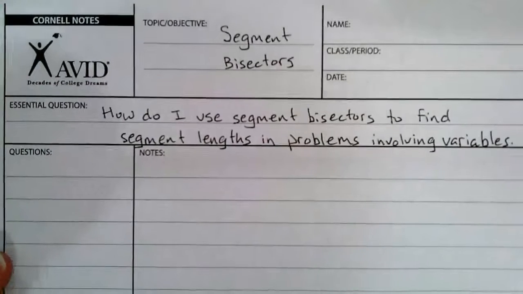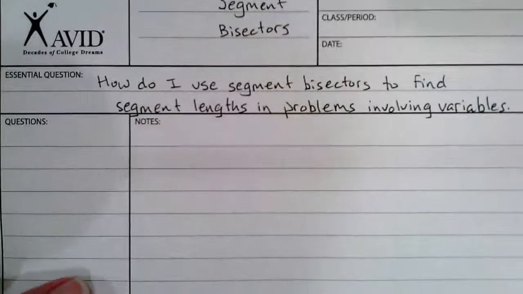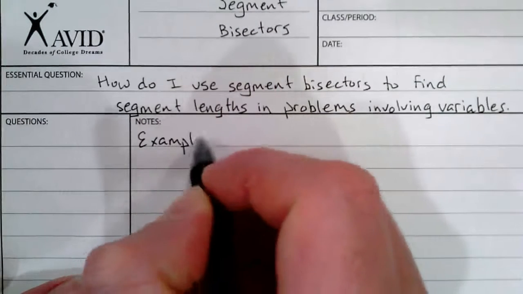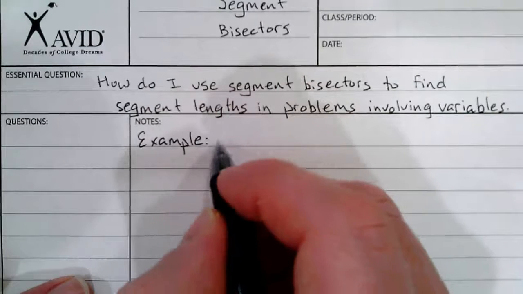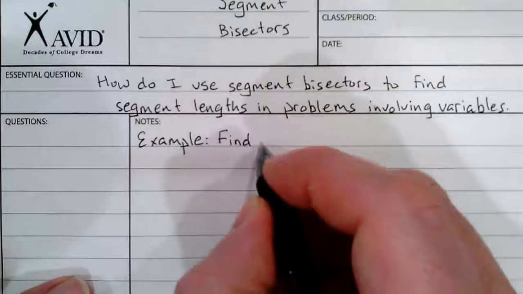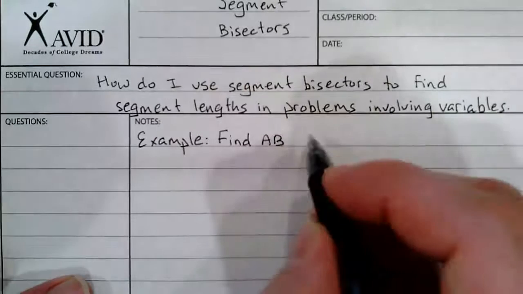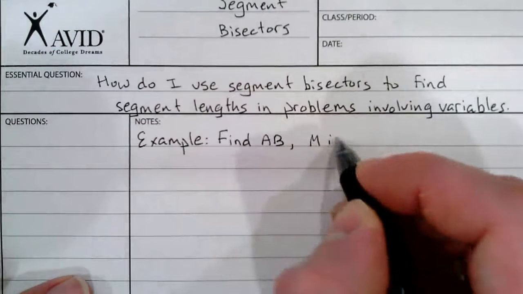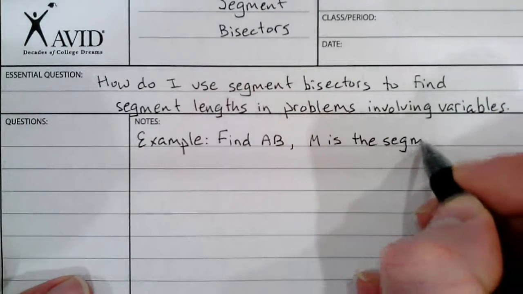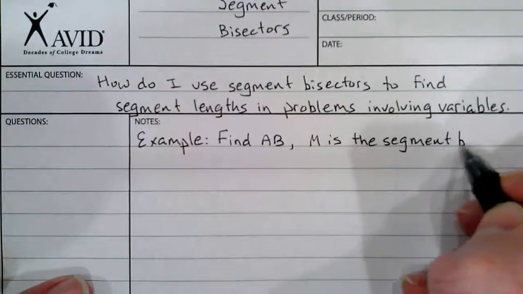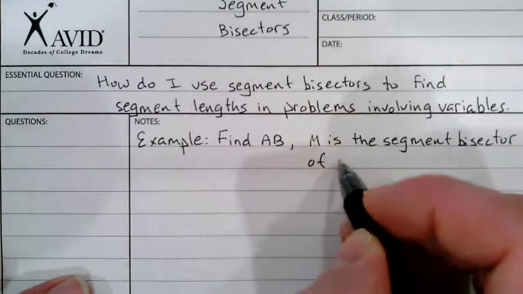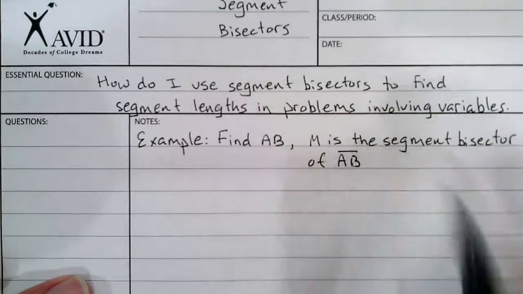We've already talked about what a segment bisector is, so I don't have to go over that again. Let's just jump straight into our example. Here we're going to find AB, where M is the segment bisector of AB.